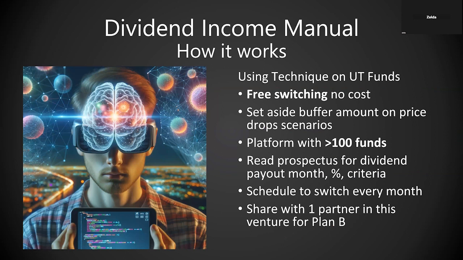So this is the technique, a manual technique. We will have to be hands-on to go and switch. Before we go and switch, we have to identify and ensure that the platform has enough dividend paying unit trust funds.